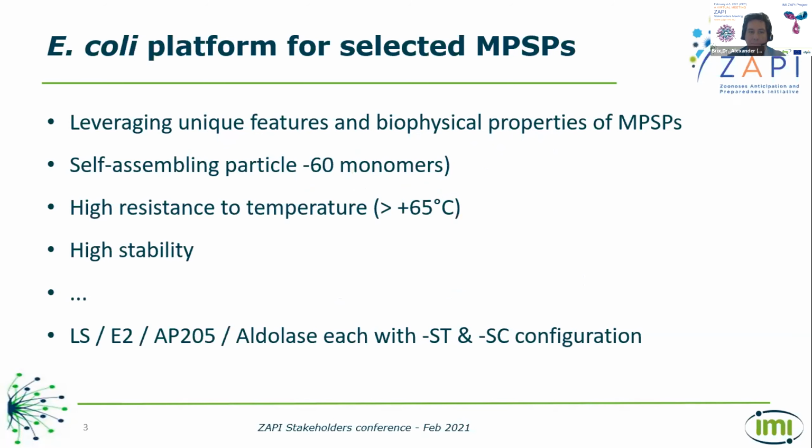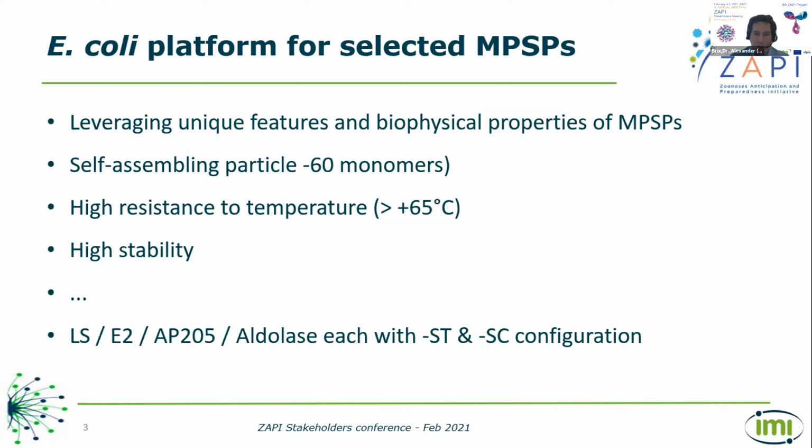Next slide, please. It was just mentioned for the vaccine, the approach was chosen to couple the viral antigens on selected MPSPs. You probably heard about all these advantages, these self-assembling particles, monomers. Some of them are resistant to temperature, which we actually use then during the downstream processing.